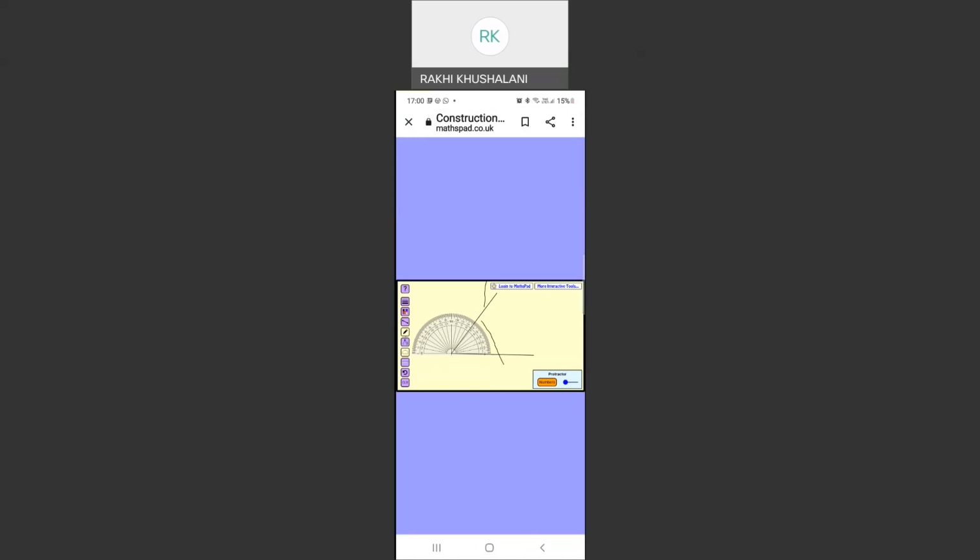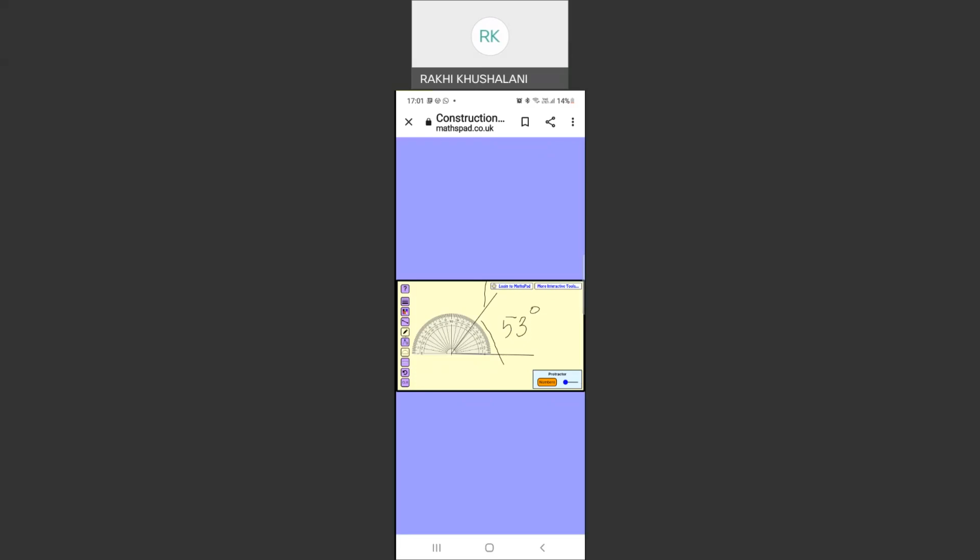It is somewhere around 53 degrees. जैसे आप स्केल मेजर करते हो, आपको पता है स्केल के बीच में 10 लाइंस होती हैं, वैसे ही प्रोट्रैक्टर में 10 और 20 के बीच में 10 लाइंस होती हैं। 0 to 10, 10 to 20, 20 to 30, 30 to 40, 40 to 50, सबके बीच में 10 लाइंस होती है। तो 30 के बाद में जो पतली लाइन आती है दैट इज 31, 32, 33, 34, 35, 36, 37, 38, 39, and then you can see 40.